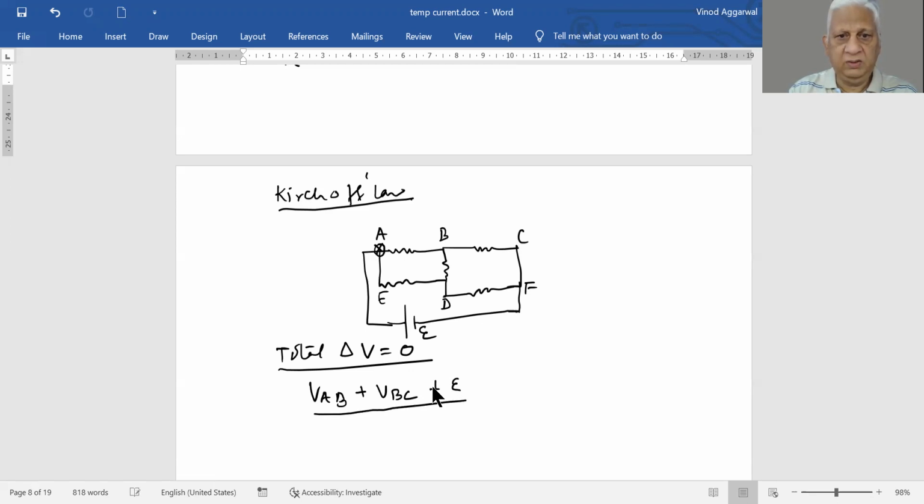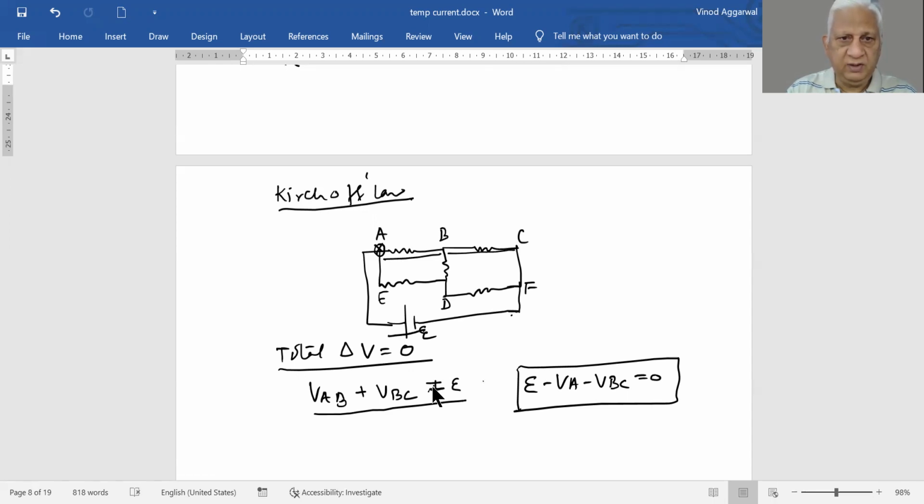Now, if we add all these differences, we come back to point A, and the net difference in voltage will be zero.